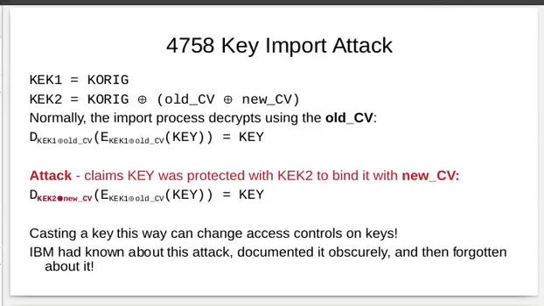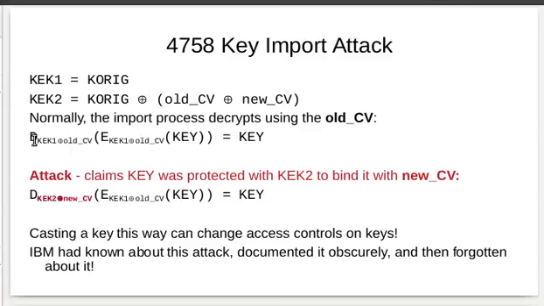So here it is, a little bit more of protocol notation, but not exactly. You would generate this key encryption key, first part using some original key, and then the second one using the original exclusive OR with these two types, the old type and the new type. The normal import process decrypts using this old CV.